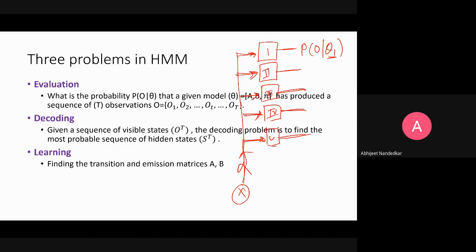So this theta 1 is nothing but a model with matrix A1, matrix B1, and pi. So these three things for person number one are stored separately. Then there is a model theta 2, there is a model theta 3, and so on.